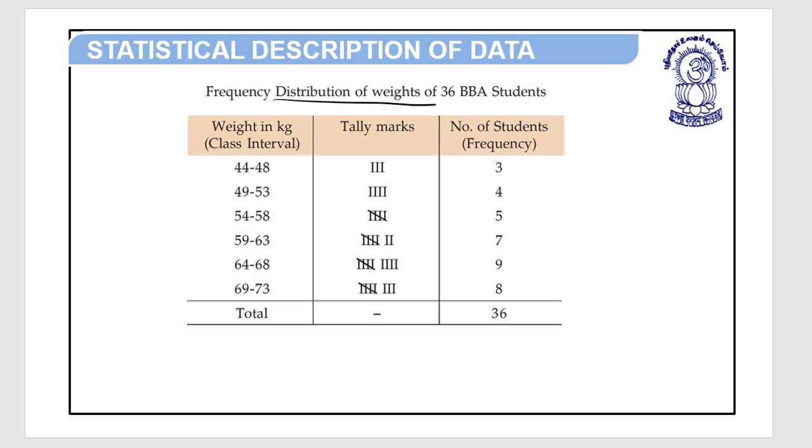Frequency distribution of weights of 36 BBA students: 44 to 48, 3 students; 49 to 53, 4; 54 to 58, 5; 59 to 63, 7; 64 to 68, 9; 69 to 73, 8. Total number of students, or frequency, is 36.